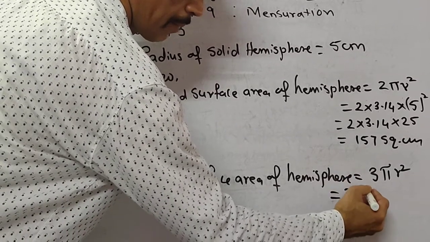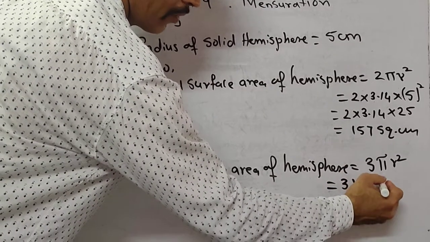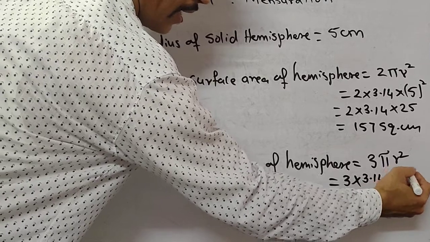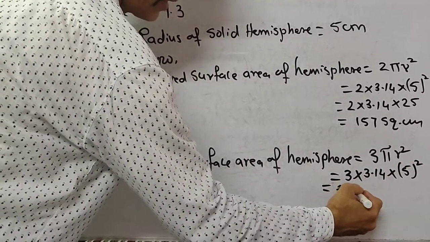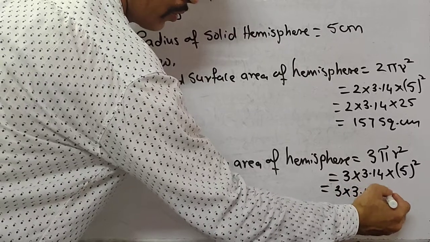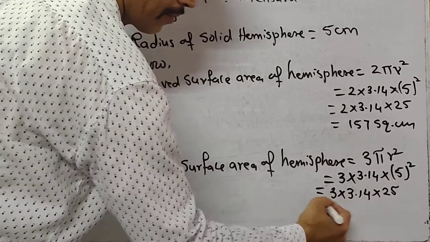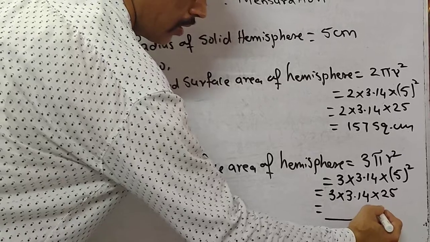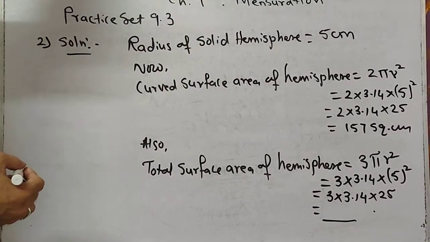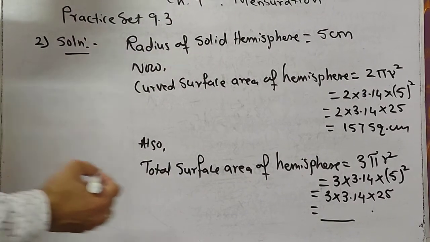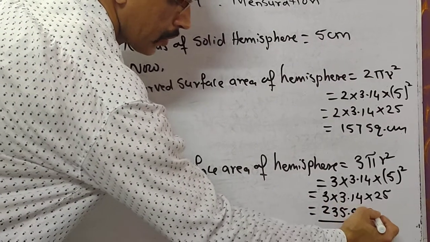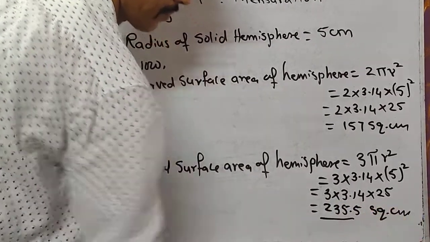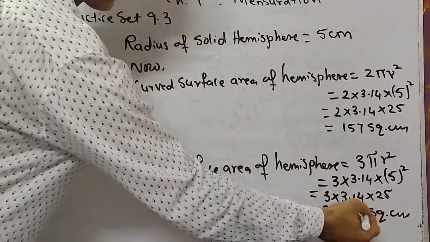3 multiplied by pi value is 3.14 into 5 square. 3 multiplied by 3.14 into 25. If you will multiply all, okay, you will get the answer 235.5 square centimeter. 235.50 also you can write here.